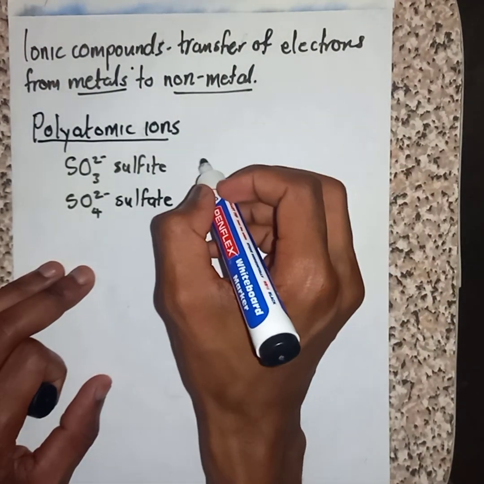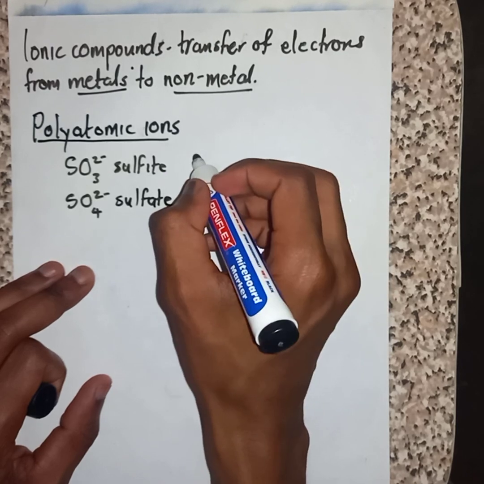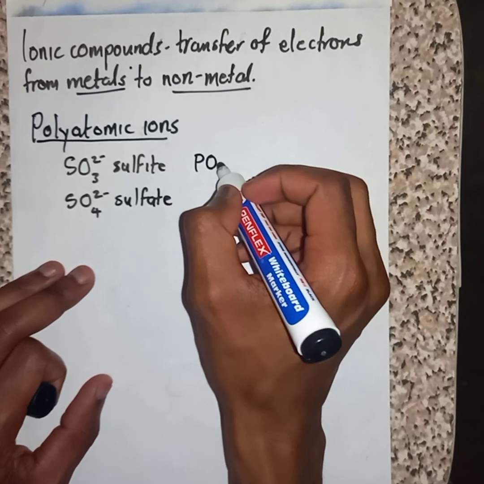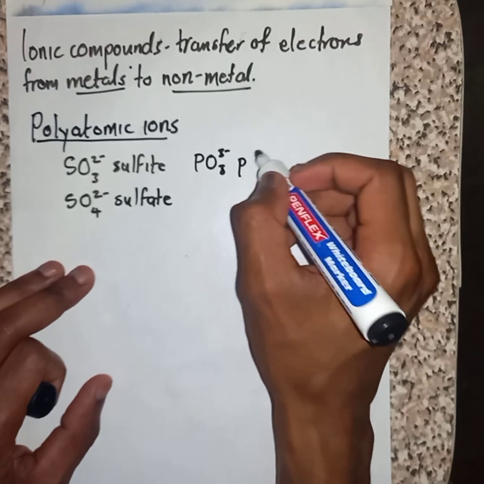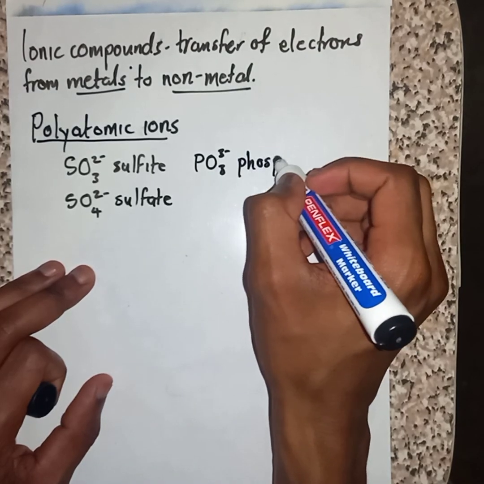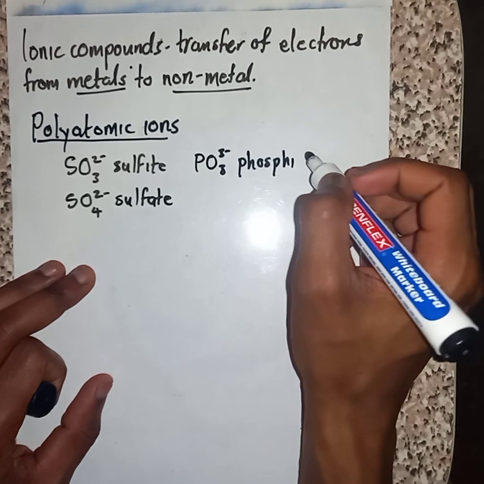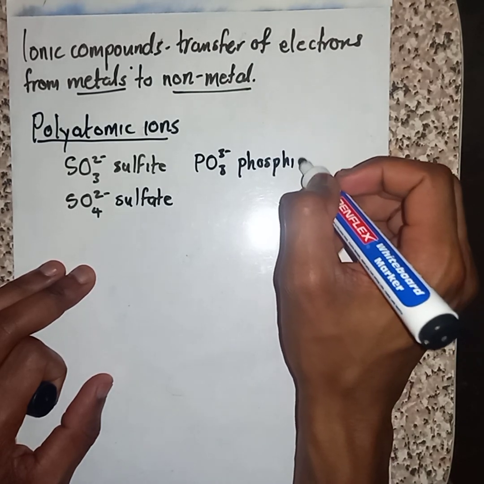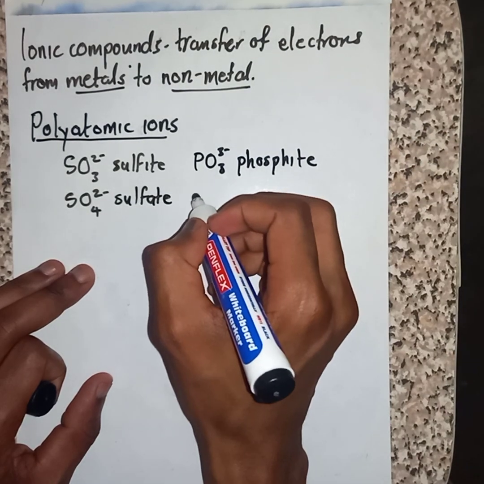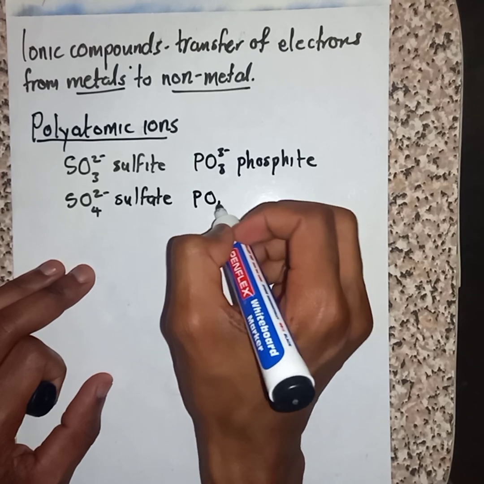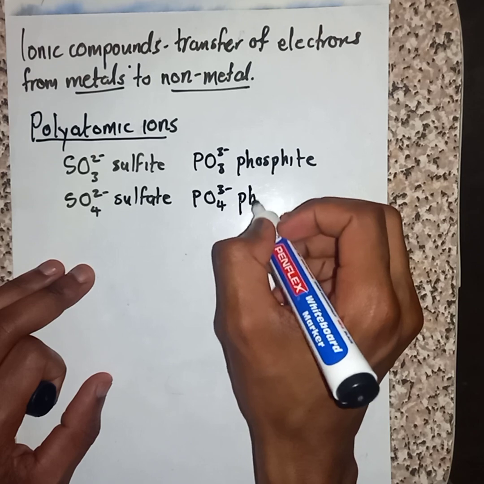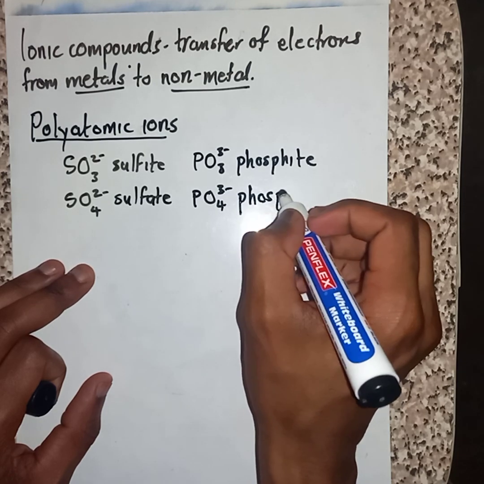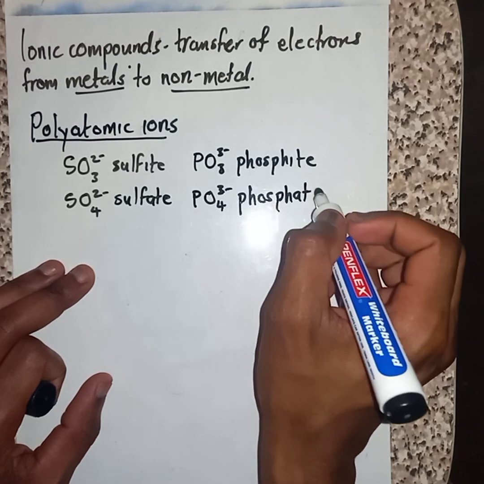Also have PO3 3-, phosphite with an I, phosphite. We also have PO4 3-. We call this one phosphate.